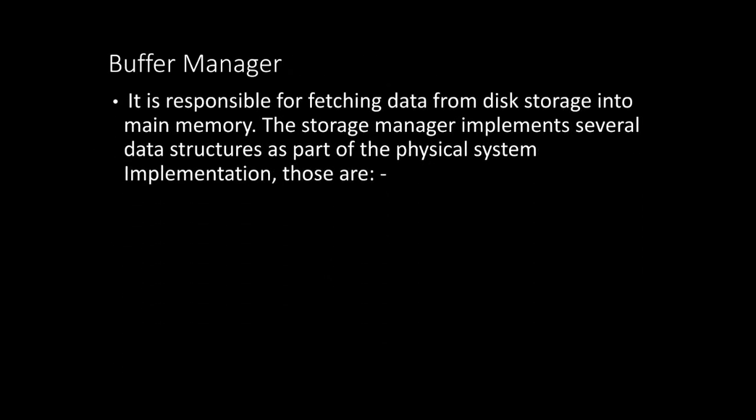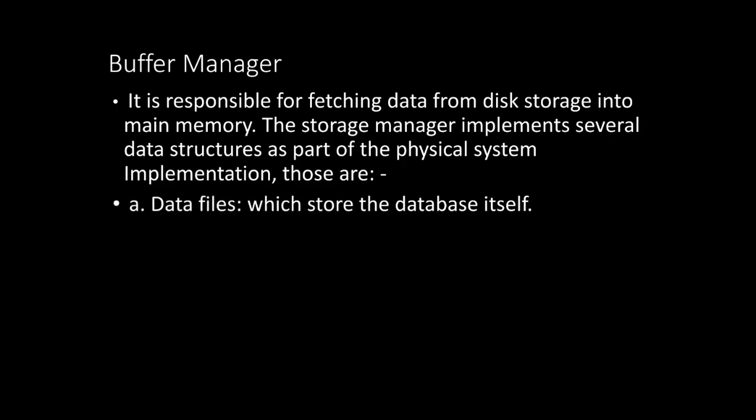Next, we'll move on to the buffer manager. So, who is this buffer manager? Buffer manager retrieves the data from the hard disk and then transfers it to the main memory, then to the cache, which has the important programs that are to be executed very often. So all this task is done by the buffer manager.